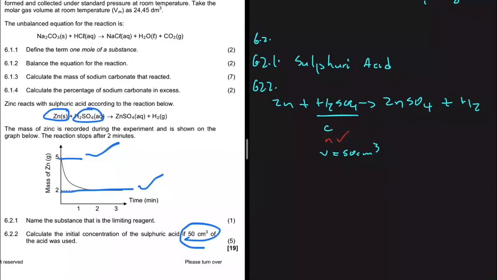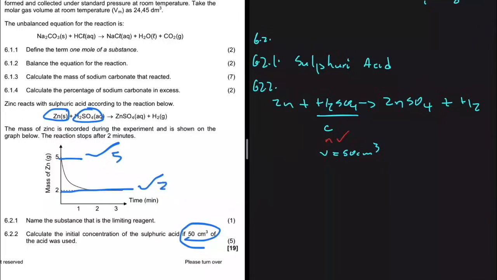How can we find that? We can use zinc, because we know fully well the mass of zinc that reacted. Again, for Adam and Eve's sake, initially we had 5 grams of zinc, and then after some time we have 2 grams. So how much reacted?